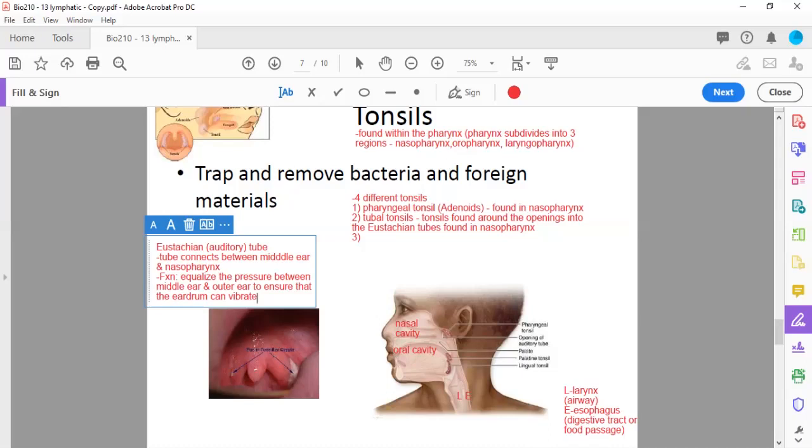So it resolves the sound from being muffled, so you can hear things. All right, so now we're done with the eustachian tube. At the opening of the eustachian tube in the nasopharynx, you have what's called tubal tonsils. These tonsils around the opening of the eustachian tube help to protect against infection going into the eustachian tube and up into the middle ear.